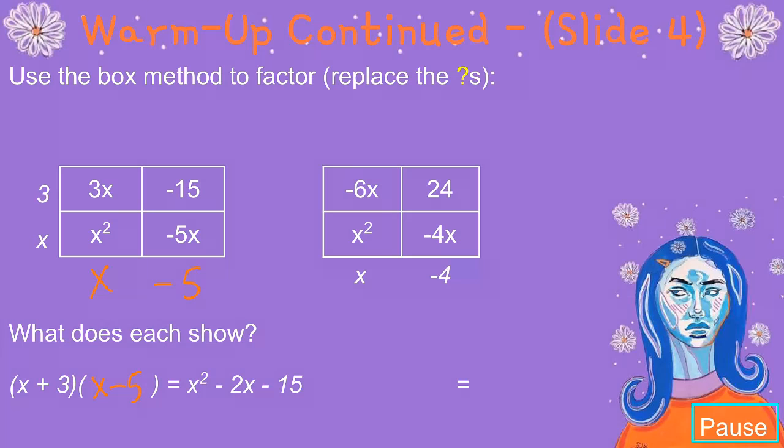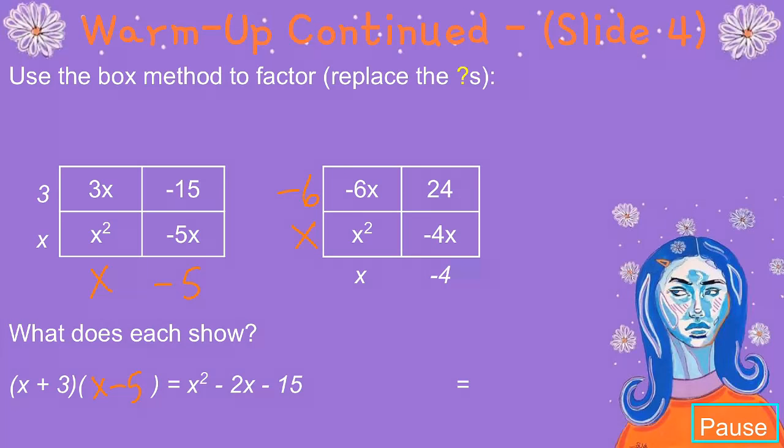On to the next one. X times what is x squared? X. X times what is negative 6x? Negative 6. And we can see that x times negative 4 is negative 4x. And negative 6 times negative 4 is positive 24.